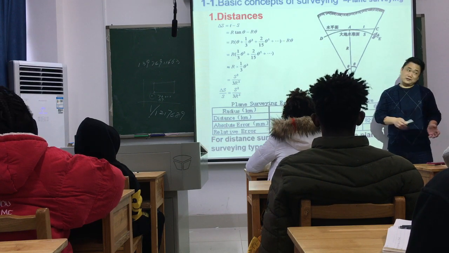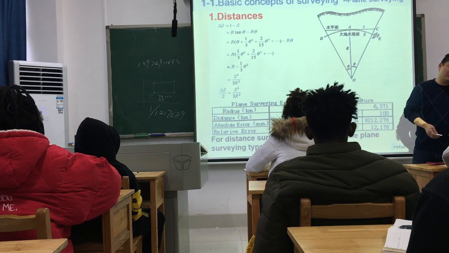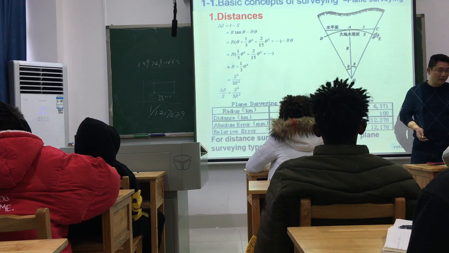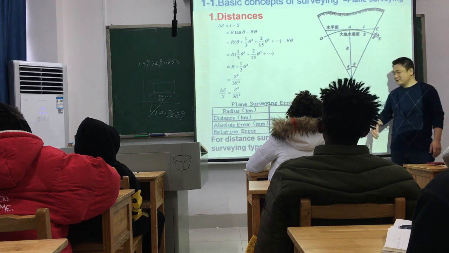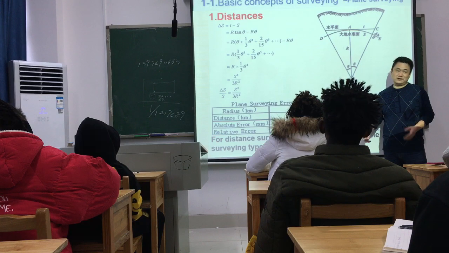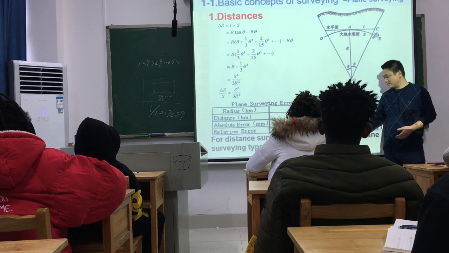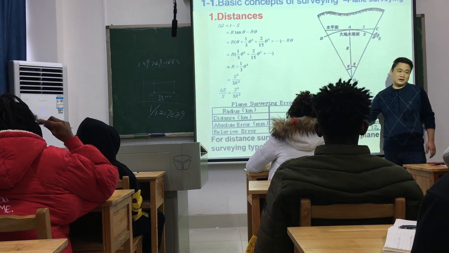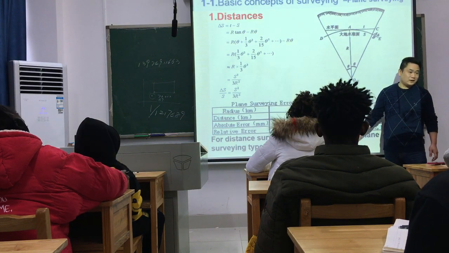It's not civil engineering, so different people do different things. After the control survey is accomplished, we can do the engineering survey for the structure, the road, the bridge and others.